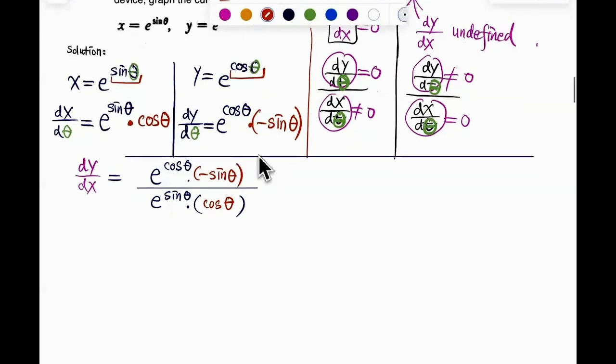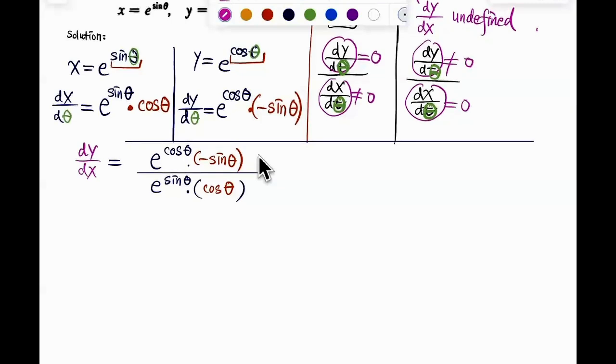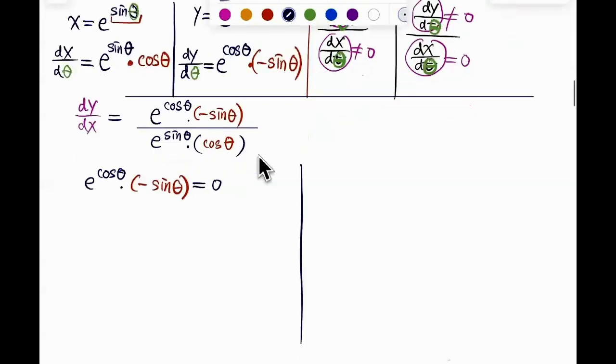So now, let's set the numerator equal to 0. When will this equal 0? Let's think about it. So e to the cosine theta times negative sin theta equal to 0. And then later on, we also set the denominator equal to 0.